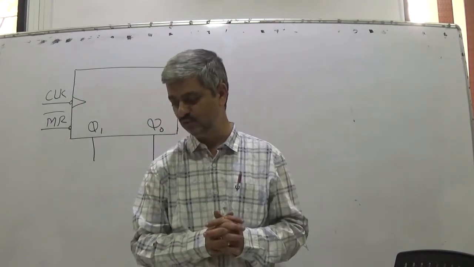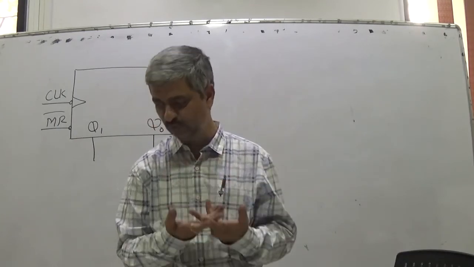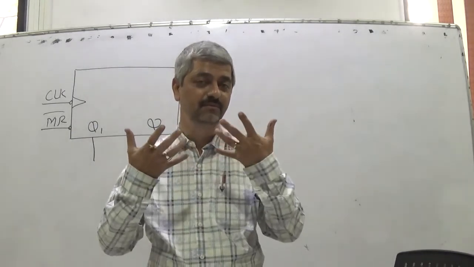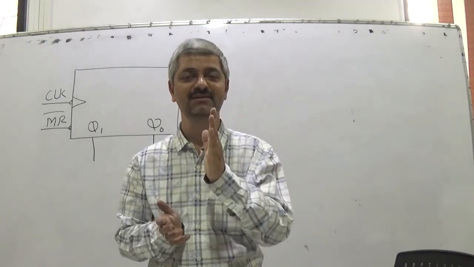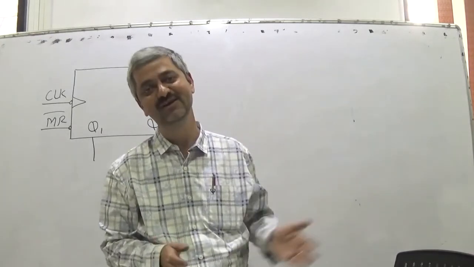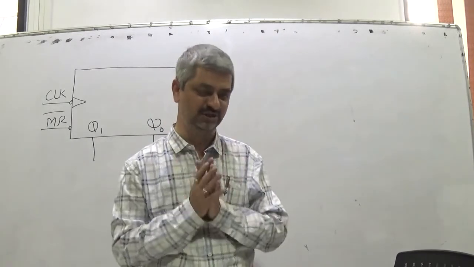Those who don't want the ready-made discussion can pause the video, think on their own, and resume the video. Those who want to learn directly can continue watching the video.